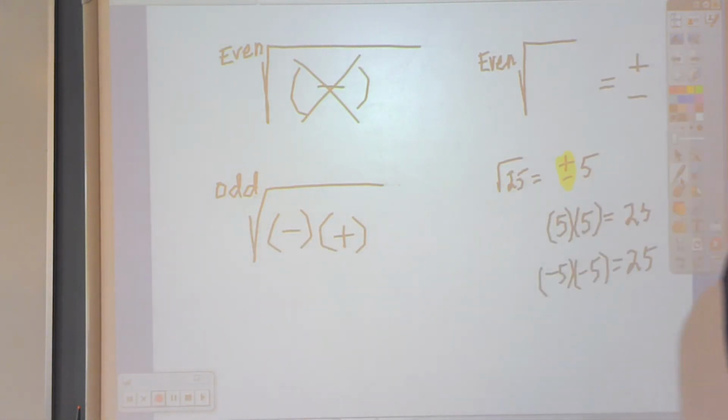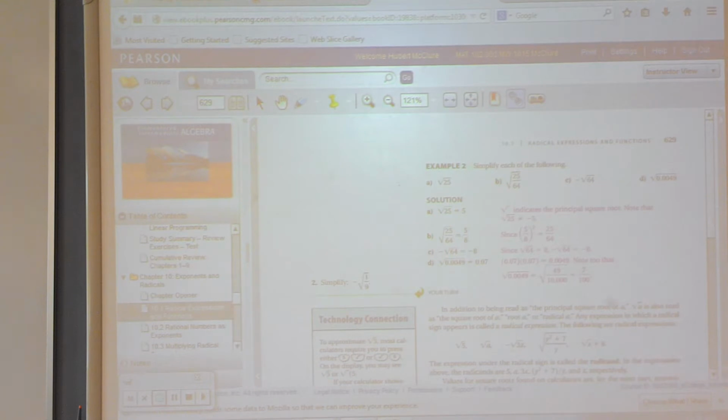All right. Erase it. Okay. Now, look at your book. It talks about taking the square root with a calculator. You might want to read some of these examples here. I'm not going to go over these examples.